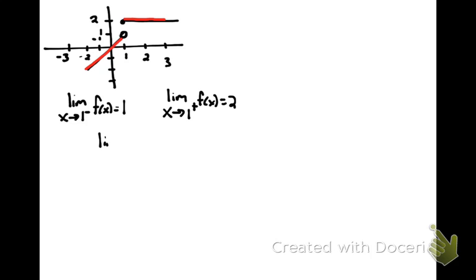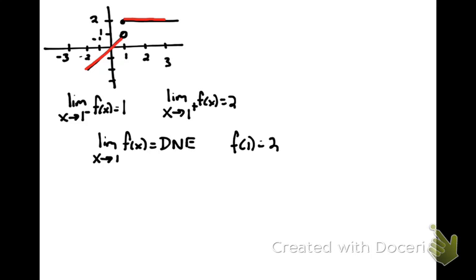This means that the limit as x approaches 1 of our function does not exist, because it's going to two different numbers on the left and on the right. And the limit is different from the function's actual value. Notice that the limit does not exist, but this function has a value at 1, and it is 2.